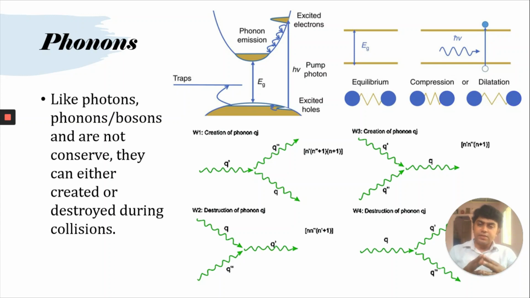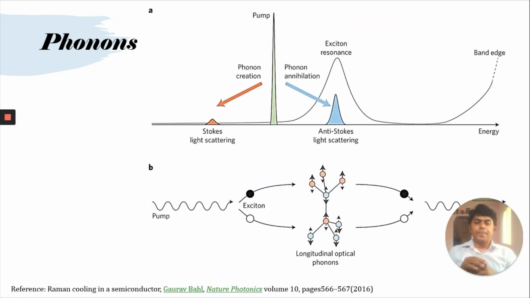So even in the case of phonons, they do undergo scattering phenomena, which we're going to study in later classes. Here is one important paper which I advise every student to read: Raman cooling in a semiconductor by Gaurav Bal, published in Nature Photonics in 2016.